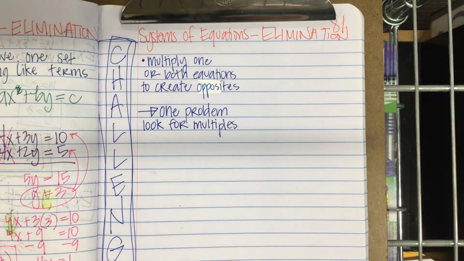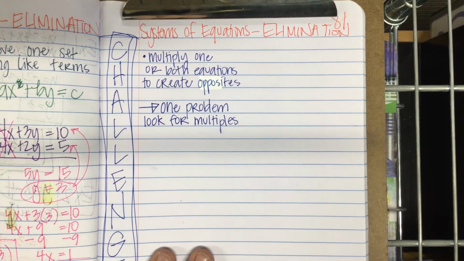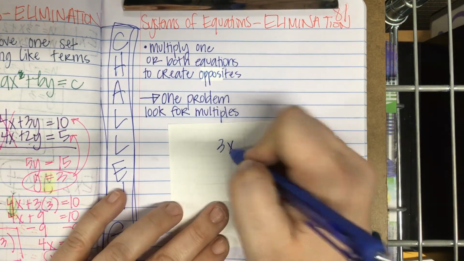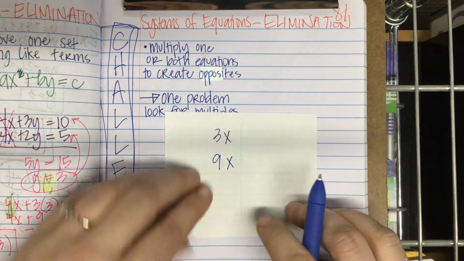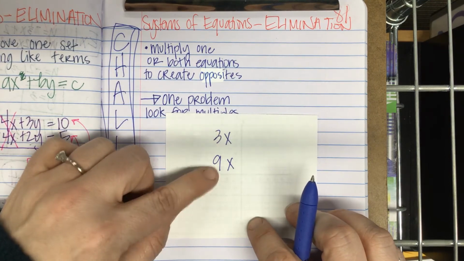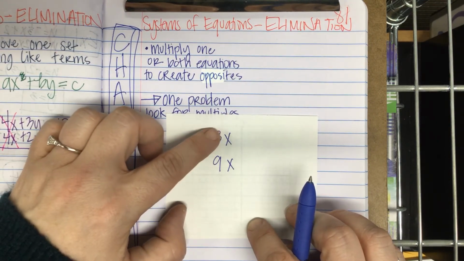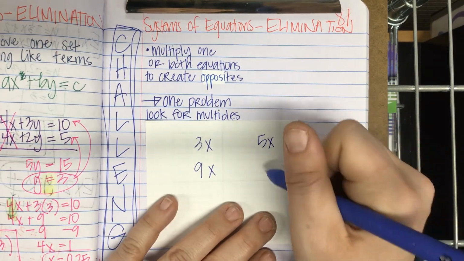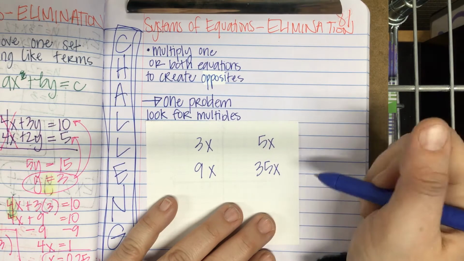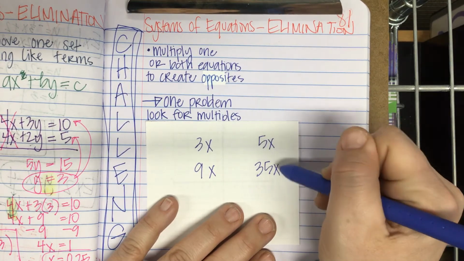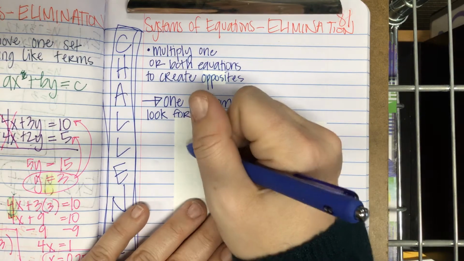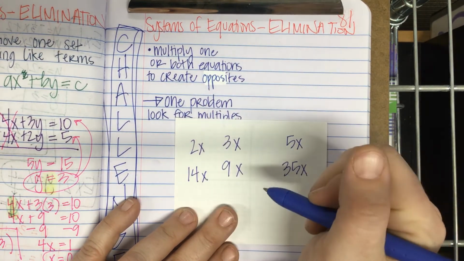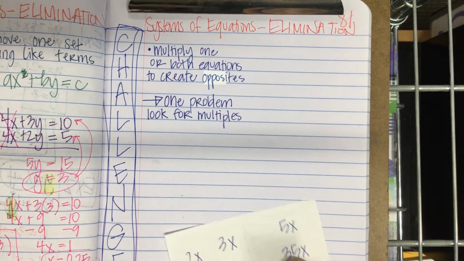Like if you have one problem with 3x and the other problem with 9x, can you multiply something to get there? Yes. If you had 5x and 35x, I could do something to 5 to make it into 35. If you had 2x and 14x, right? Multiples. We're looking for multiples.